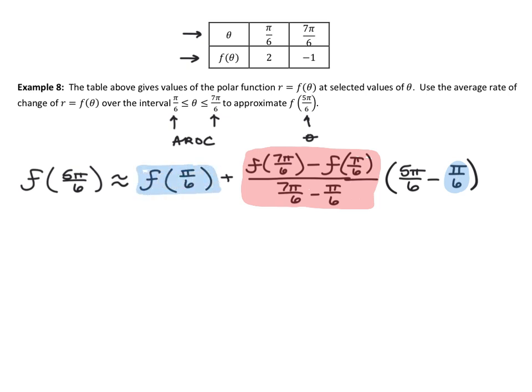That's my x1 and my y1, my theta 1 and my f of theta 1. The last thing I did here is because there is a 5 pi over 6 here, I have to put that same number here. That's what I'm estimating for the future, which is why that number goes there.